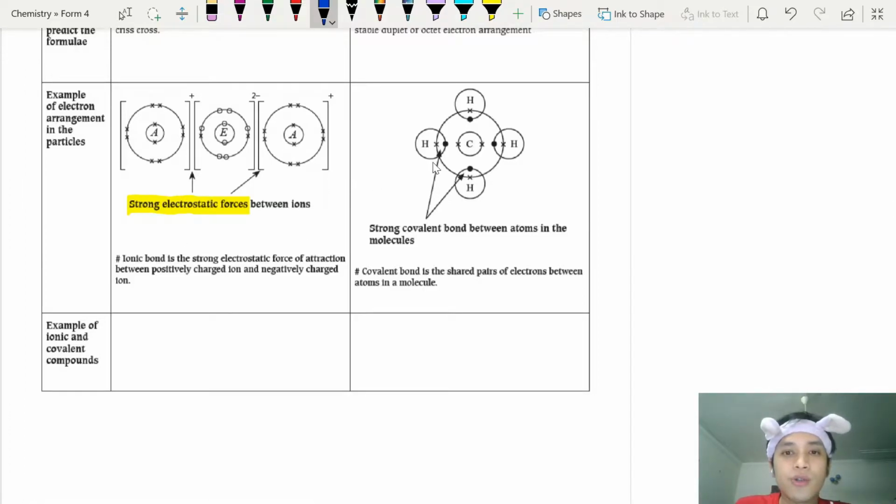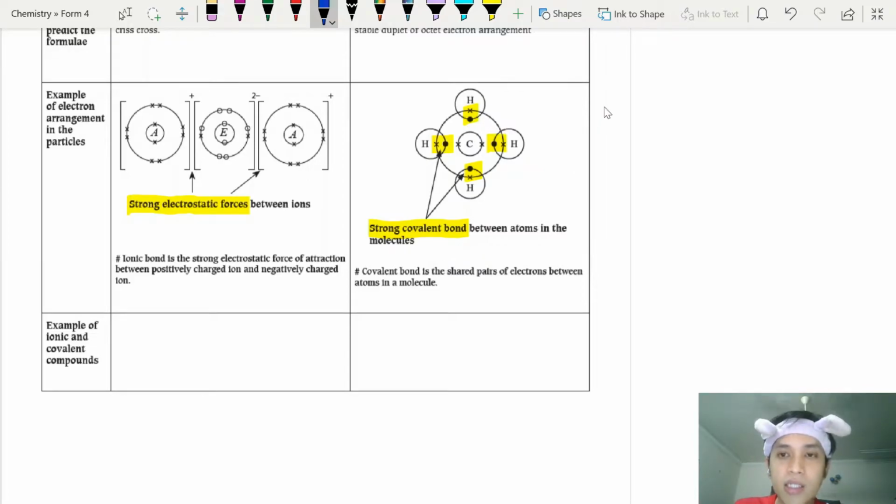For covalent bond, it is the one in the middle here. Remember, sharing of your electrons. This is what we call strong covalent bonds. So you need to know how to draw the electron arrangement. As you can see here, this one is slightly different from how I normally draw, but it's acceptable.